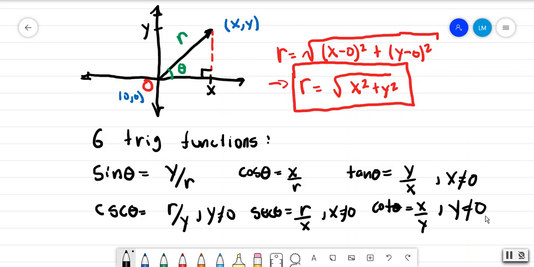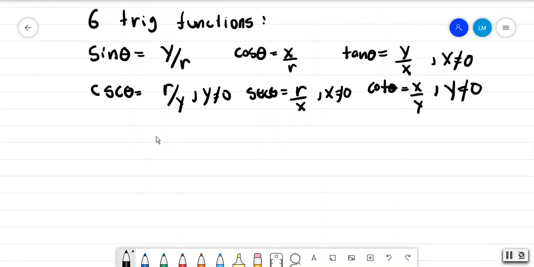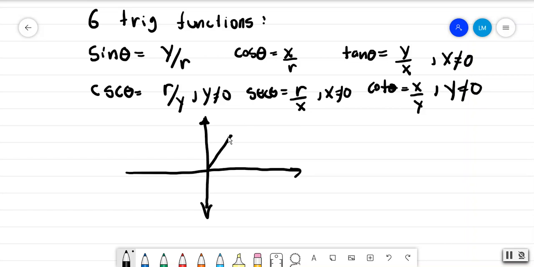Now, that means that any set of points in the x and y plane will always correspond to your 6 trigonometric functions. So, for instance, if you had an ordered pair, and let's say that ordered pair was 1 comma 1.